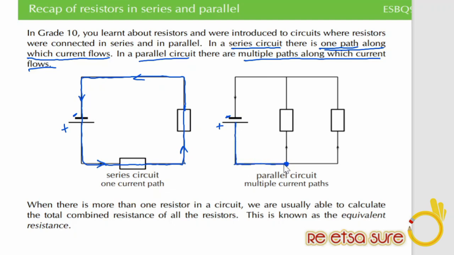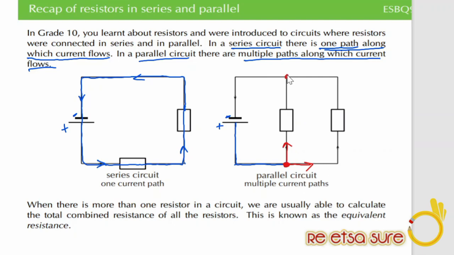But immediately when it reaches this point here, a certain amount of current flows in this direction, and another amount of current flows in this direction. So when our current reaches this point, it splits.